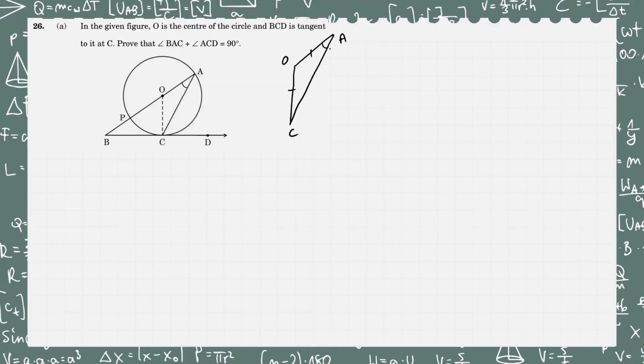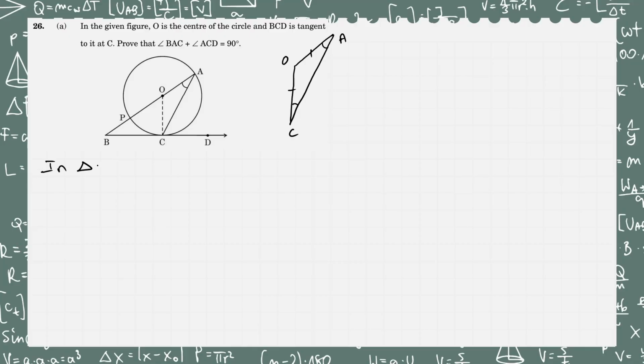So whatever is the angle at A should be the same as the angle at C. That we can get help from. And one more thing we can use here is that OC is the radius and BD is the tangent. So OC is perpendicular to BD, by using the theorem's statement. Now, let us write both of these and then let's check.